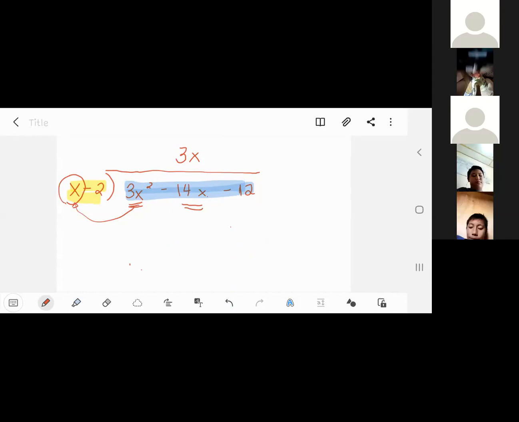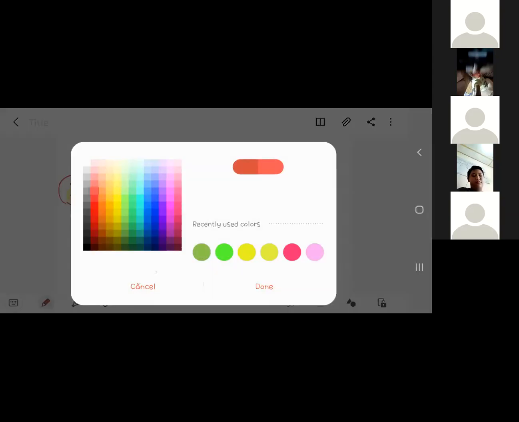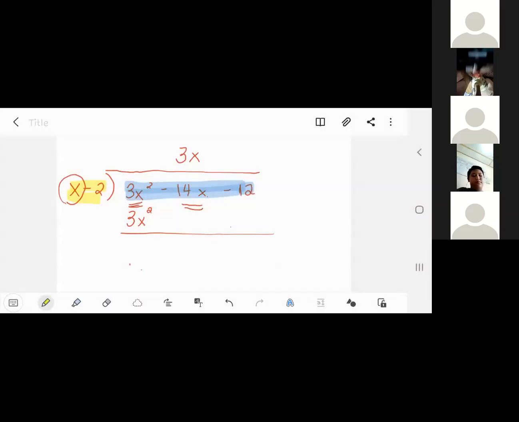So you write that here, aligned with the similar term. So 3x squared. Got it? Yes, ma'am. Okay. Very good.